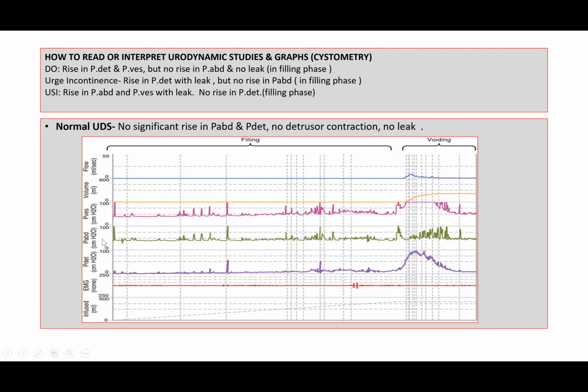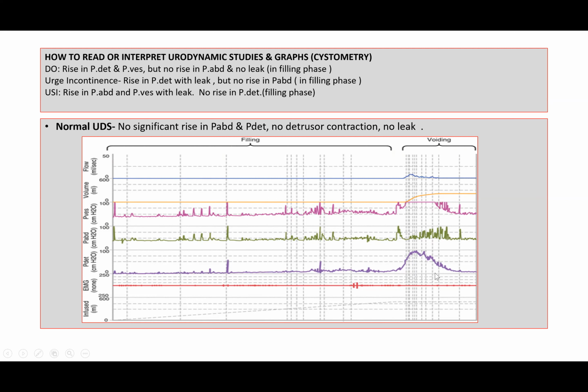There will be a rise in the abdominal pressure also, but not so significant. What about the detrusor pressure? Nothing over here, no detrusor contraction, no rise. If there were any rise like this, it would mean there is detrusor overactivity, but there is nothing over here. What about the leak? There is no leak mentioned in this graph.